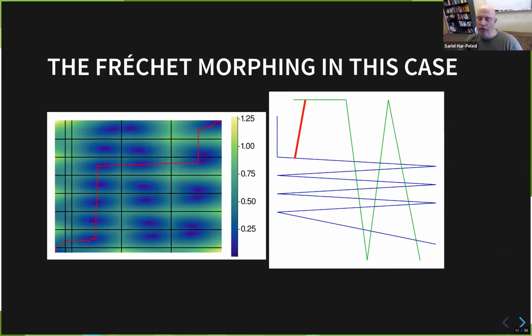And here is the morphing in this case. So you can see this is the optimal morphing, the optimal Fréchet distance. And as you can see in this case, you really want to stick to the shallow areas, the blue areas where the distances are very short. And that's how it goes through, right?